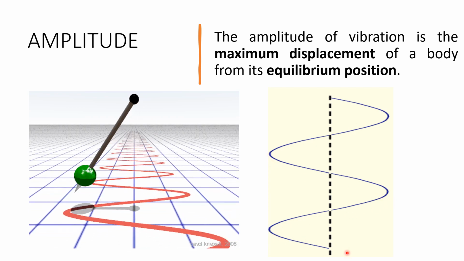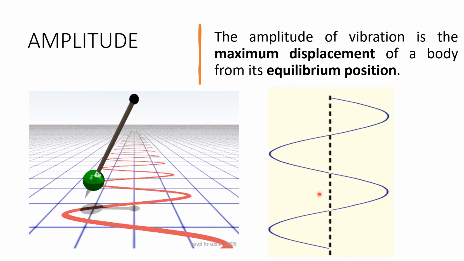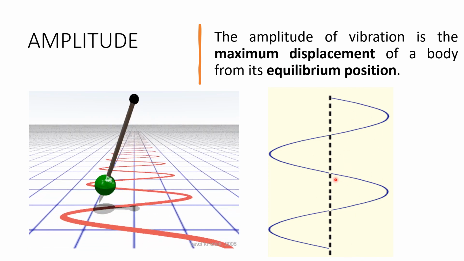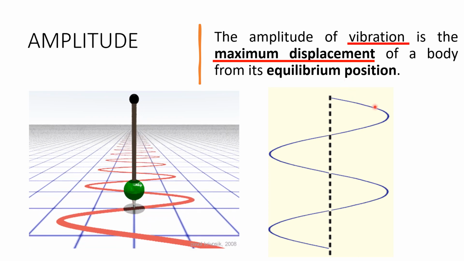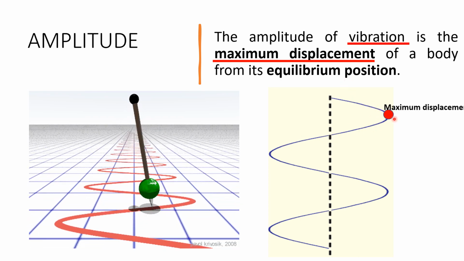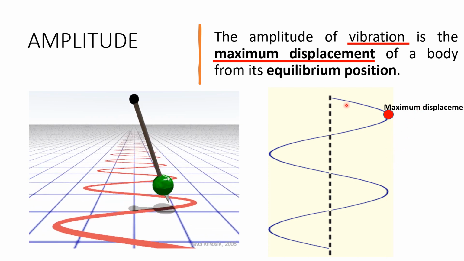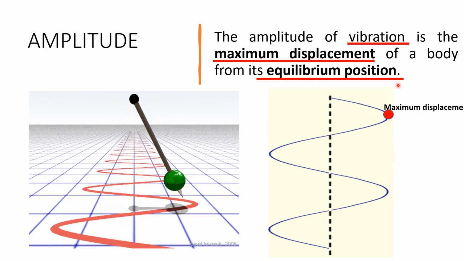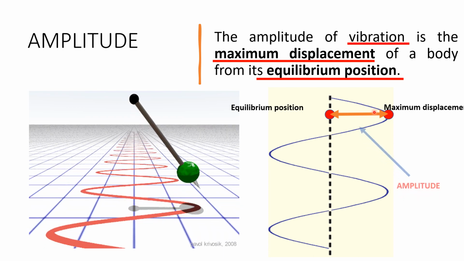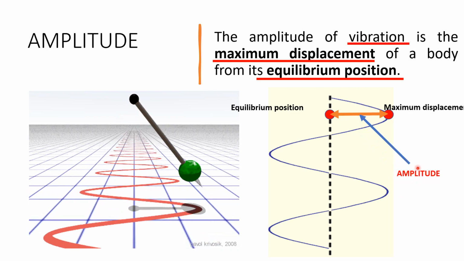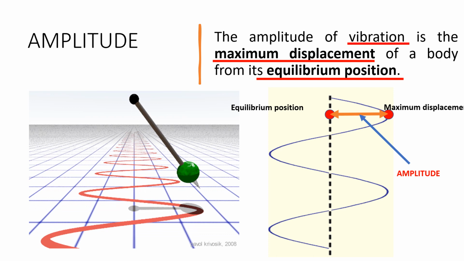So from this picture, we will define the amplitude. So sabi dyan, that is vibration from the maximum displacement. So in this example, here is the maximum displacement sa ating crest. And then, from its equilibrium position, so this one is the equilibrium position. Okay, so the distance between this one is what we call the amplitude. So, as simple as that.